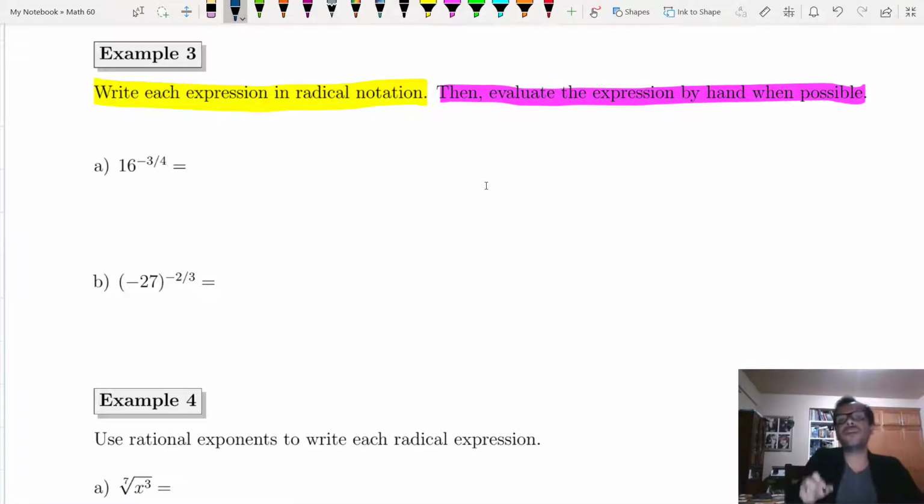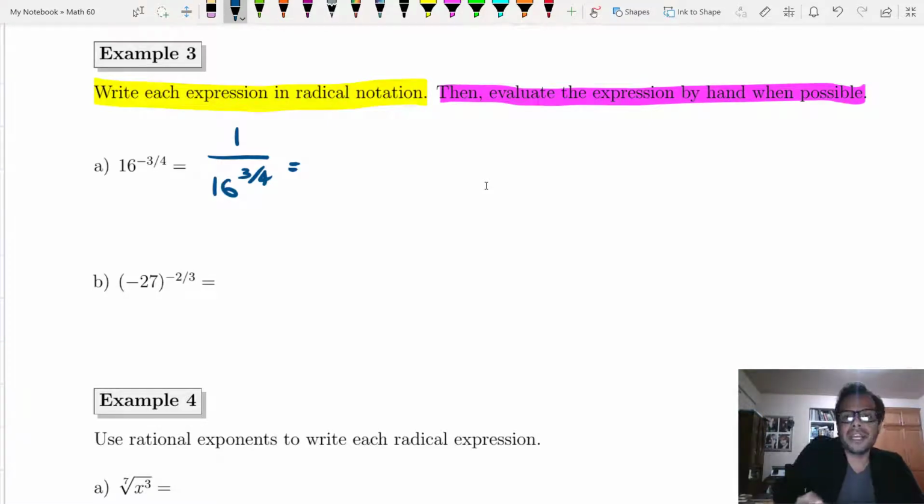So let's see. Number one, let's turn the power into a positive power by writing this in the denominator. That is 1 over 16 raised to the 3/4 power. And then we are going to proceed by doing exactly the same as we did on the previous topic. What are we going to do?